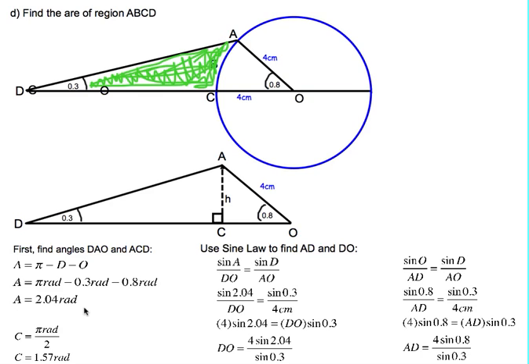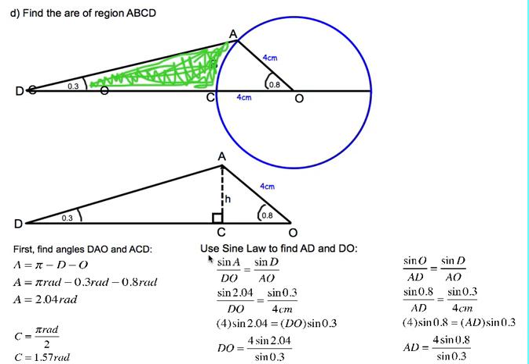To find C, we know that this is 90 degrees, and from the previous question, 180 degrees is equal to pi radians. So when we divide pi radians by 2, that's what 90 degrees is in radians, which is 1.57 radians, which we have here.